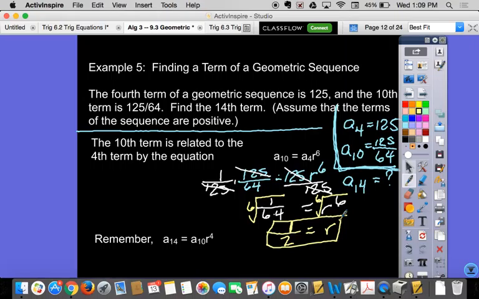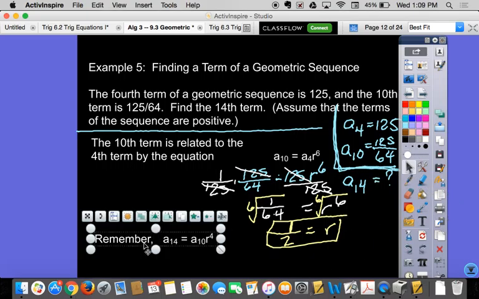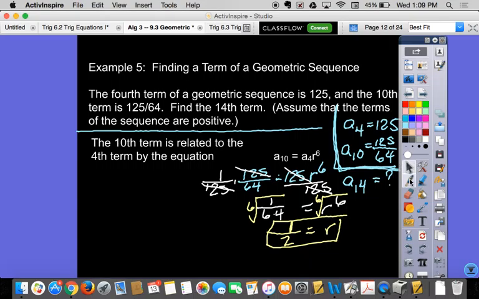And then you've got to come down here and keep on going. I'm going to use a little different setup than this one down here. You can do what we've been doing, so you don't have to start from scratch. If you use your regular old formula, well, we need to figure out a sub 1.